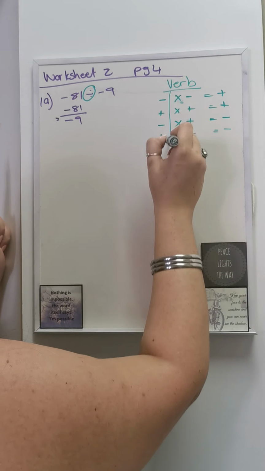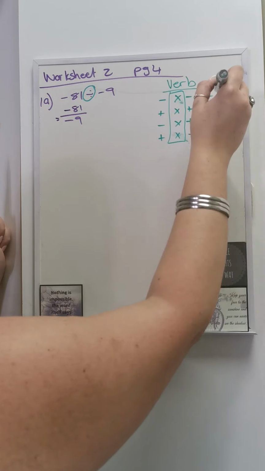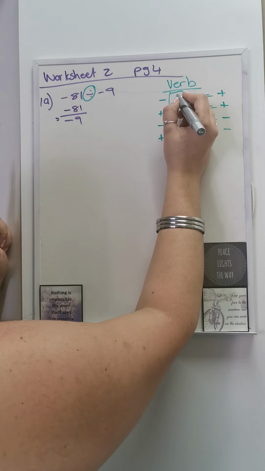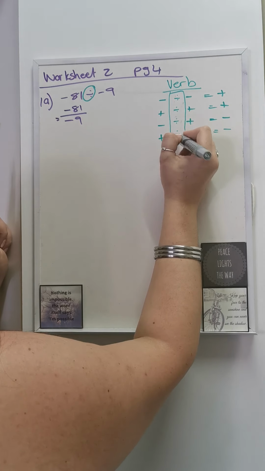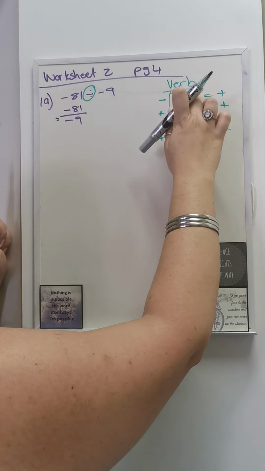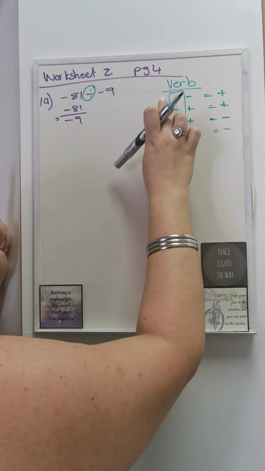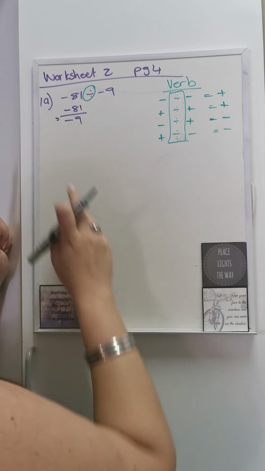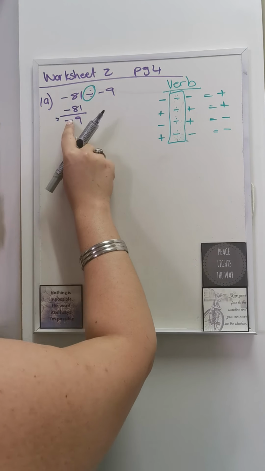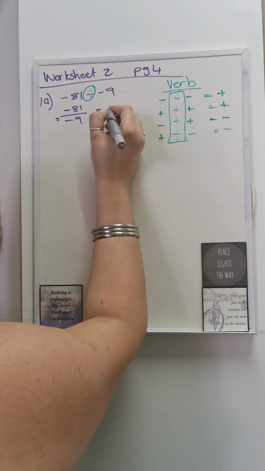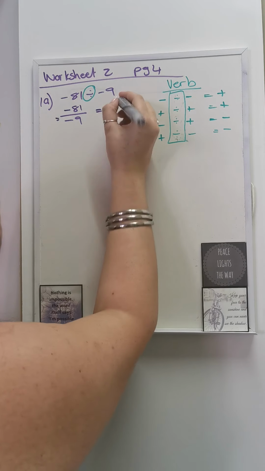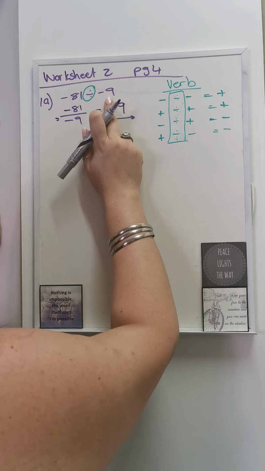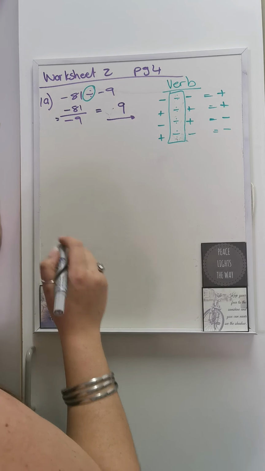The same happens when I divide. A negative divided by a negative gives me a positive number. So 81 divided by 9 is 9. Do I have to write my answer as positive 9? No, I can just write my answer as 9.